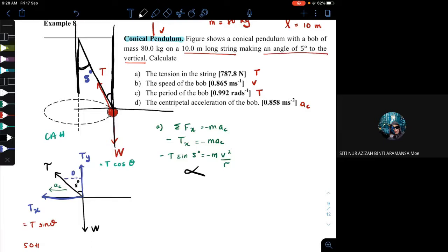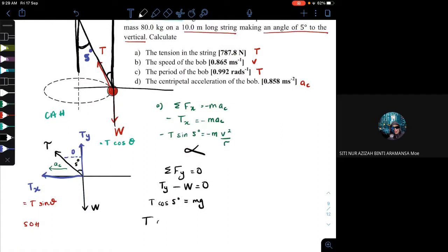So kita buat kepada y component. Total force dekat y sama dengan 0 because the object doesn't move up and down kan? Dia move dekat x component. That's why dekat x tu yang MA. Okay, tapi kat y sama dengan kosong. So kita akan buatlah TY ke atas so dia positif. So weight ke bawah dia negatif kan? So ia akan buat TY tolak W sama dengan kosong. So our TY is T cos 5 equals to mg.